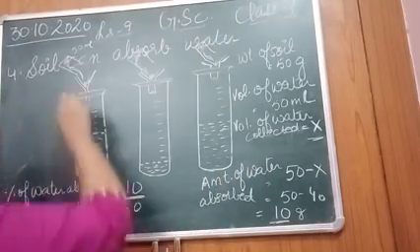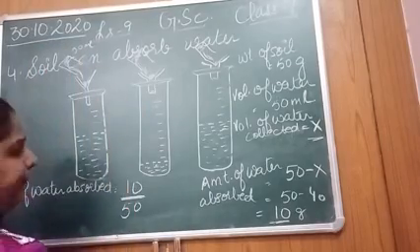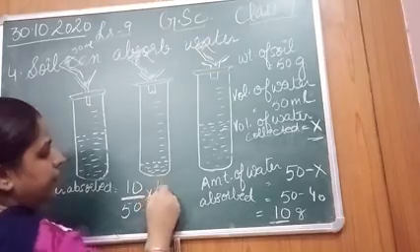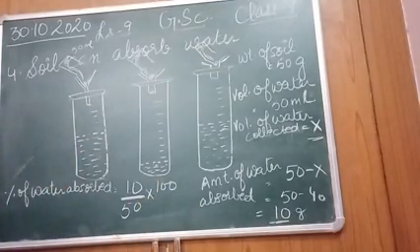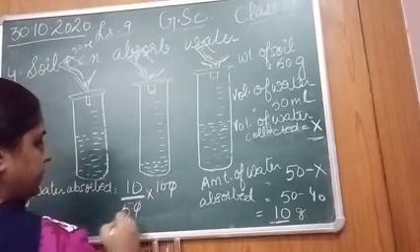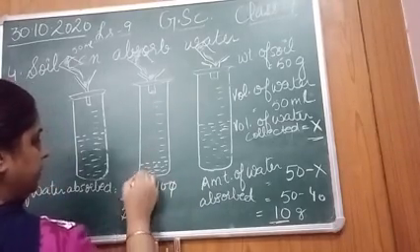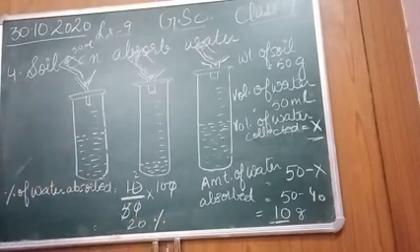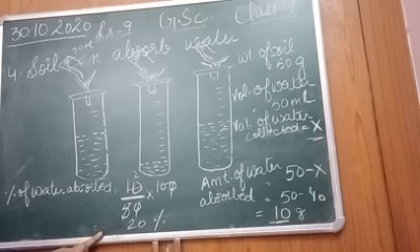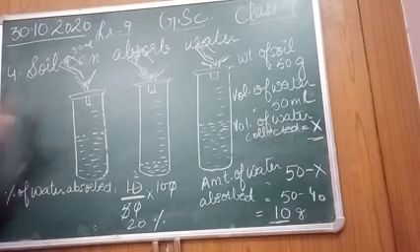How much water did we pour? 50, and here 100. Right? This is the formula. It is 20%. Only 20% of water is absorbed by the sandy soil.